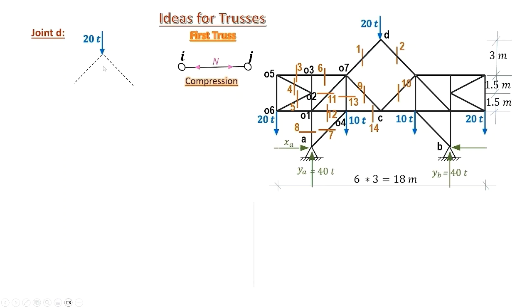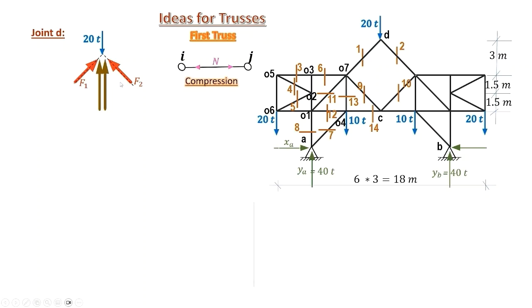The vertical component of each member equals half these 20 tons because of symmetry. Those are the vertical components of members 1 and 2. And thus, F1 is heading towards the joint D, and therefore it is a compression force. Similarly, F2 is a compression force.